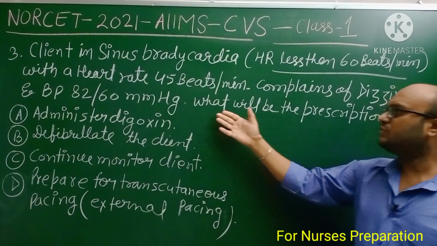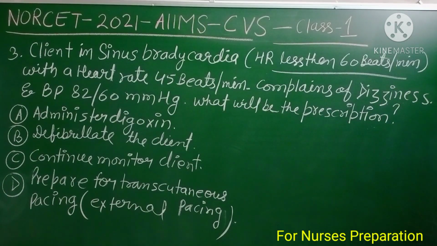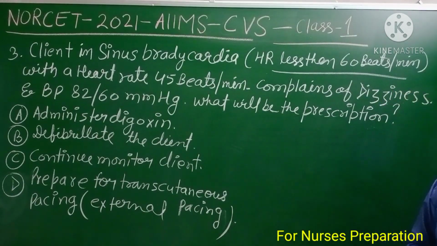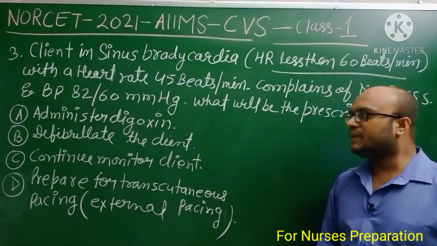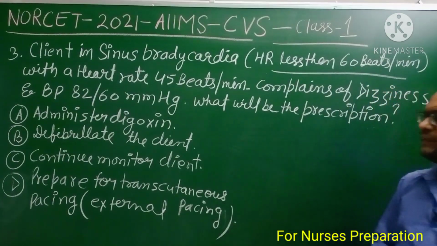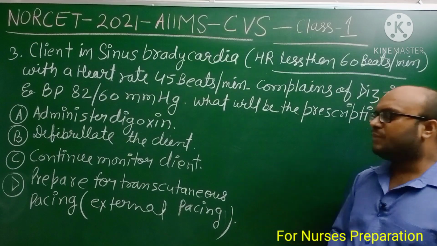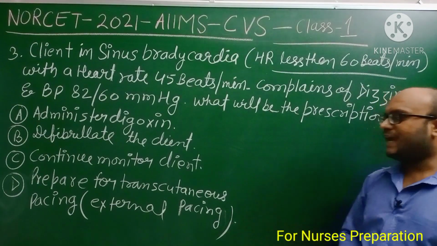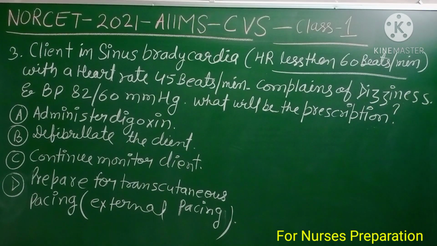In this situation, what will be the prescription by the healthcare provider? Option A, administration of digoxin. Option B, defibrillate the client. Option C, continue to monitor the client. Or option D, prepare for transcutaneous pacing, also known as external pacing.